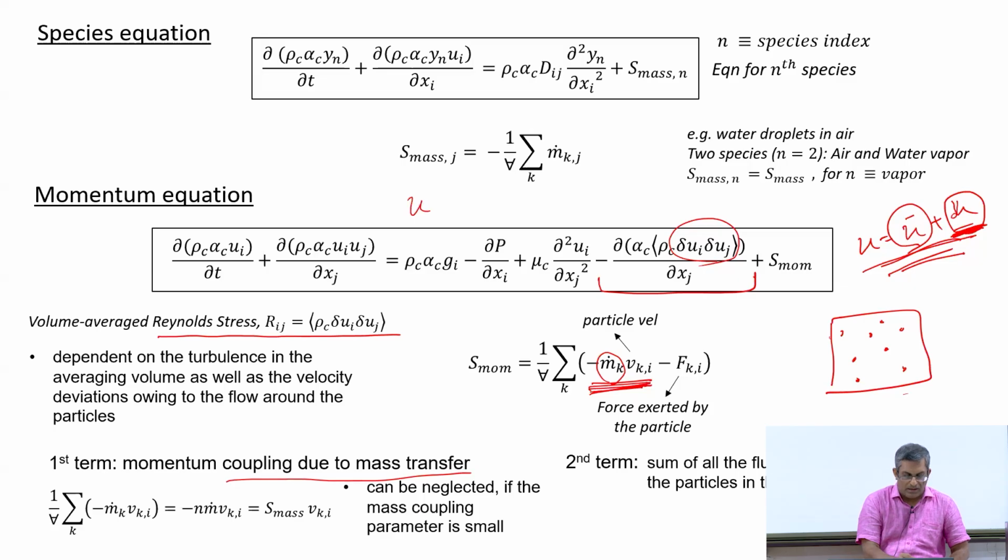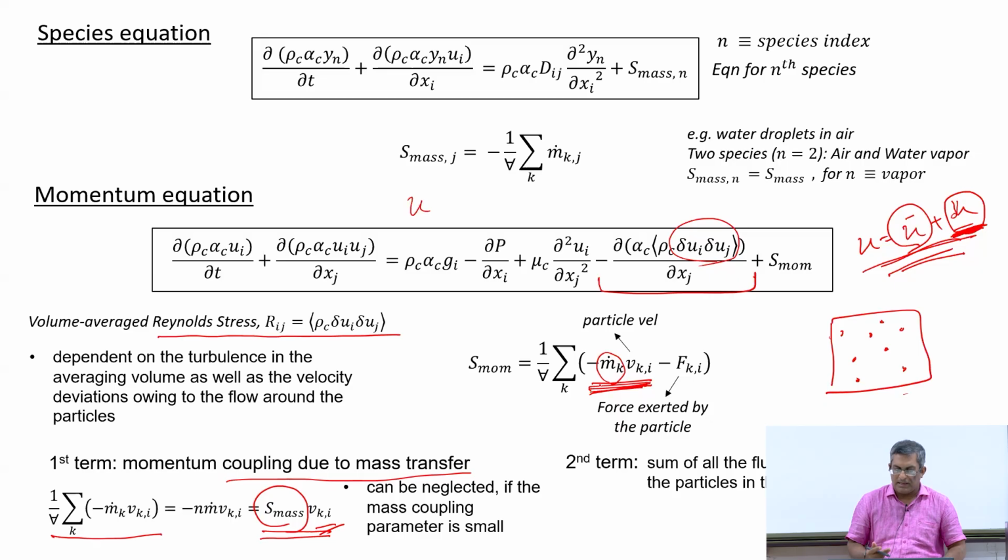If we have all particles with the same size, then we can show that this is basically equal to the source term due to mass times the particle velocity. But we can neglect it if we find that the mass coupling parameter, which we have already discussed, is small.